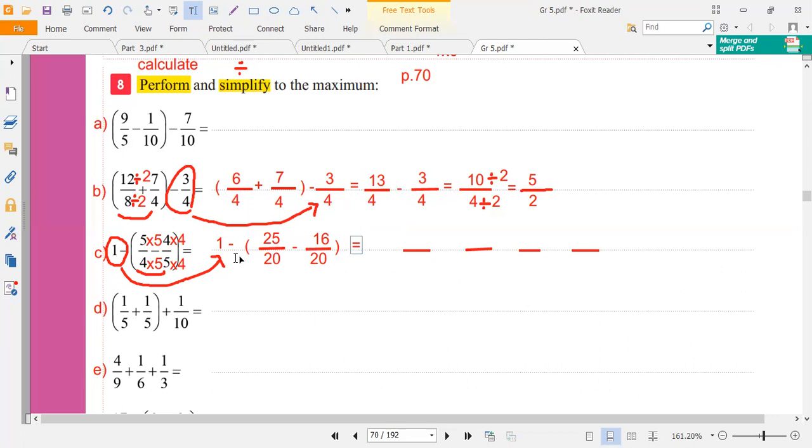But out of the parentheses we have 1 minus, so we write 1 minus the answer. Now we have to write the answer of these two fractions, so we remove the parentheses. We keep the denominator, and 25 minus 16 equals 9.